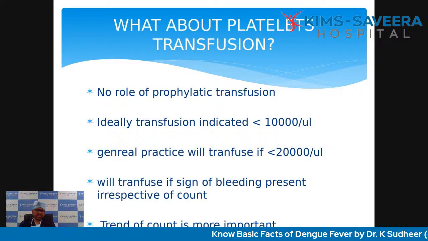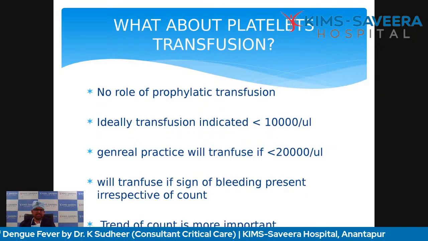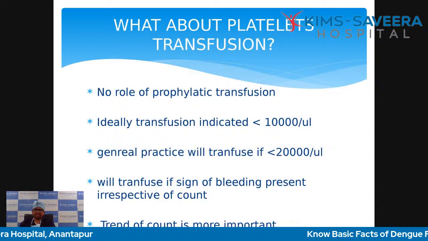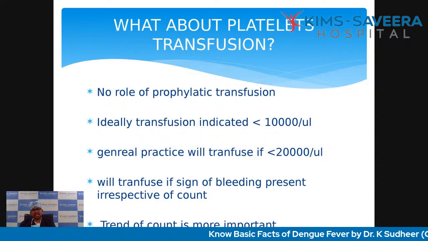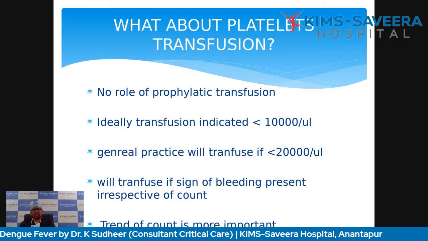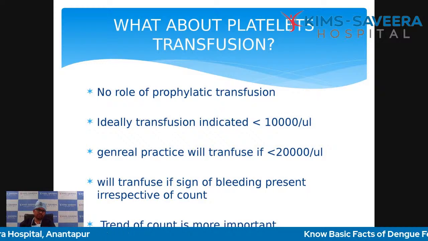Ideally, platelet transfusion is indicated only if the platelet count is less than 10,000 per microliter. But in general practice, we transfuse if it is less than 20,000. Or else, if the patient has any signs of bleeding, from the nose, or in stools, or vomiting, or a drop in Hb, then irrespective of platelet count, even if it is 50,000 but he is bleeding from the nose, we will transfuse the platelets, right?